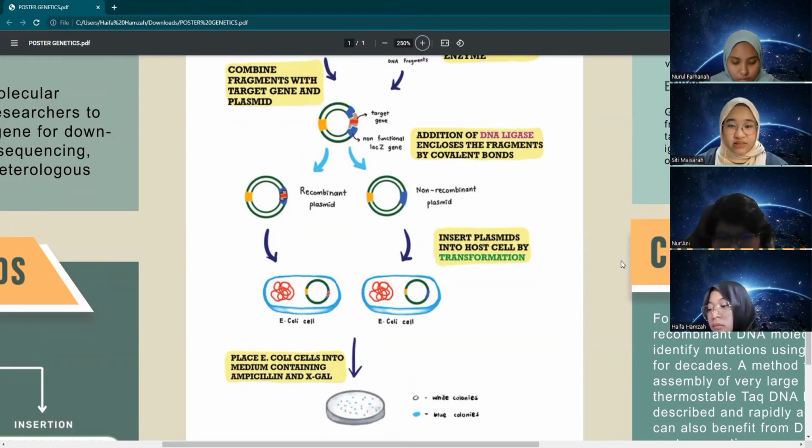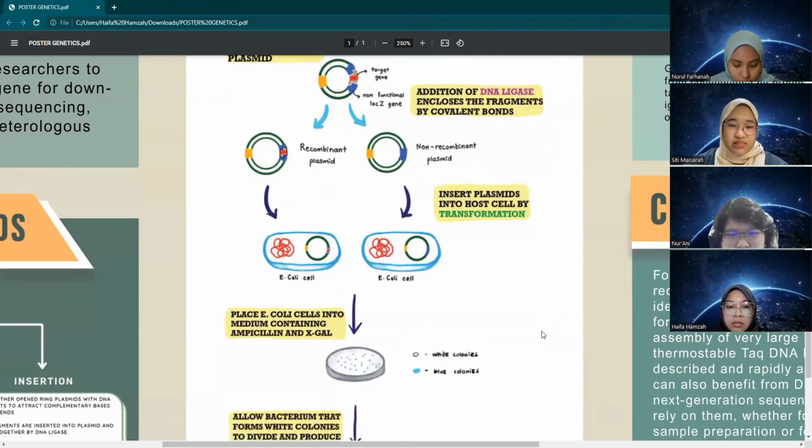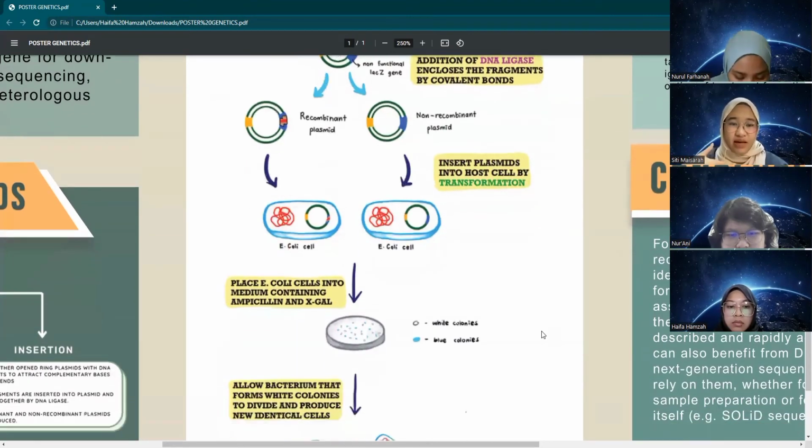After that, the E. coli cells that contain the plasmids will be cultured in a medium that contains the sugar and the antibiotic, which are ampicillin and X-gal sugar. As you can see on this diagram, the recombinant plasmid and the non-recombinant plasmid are inserted into the cell, and then transferred into a medium that contains ampicillin and X-gal.